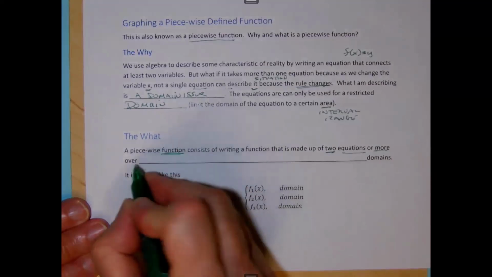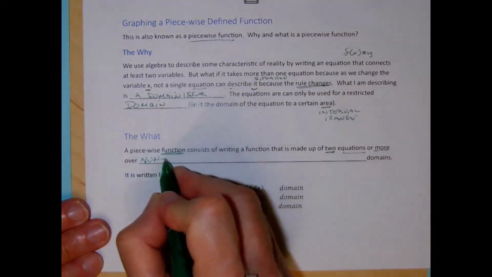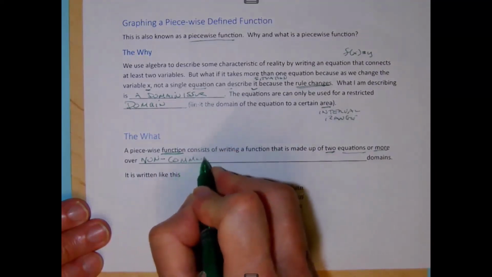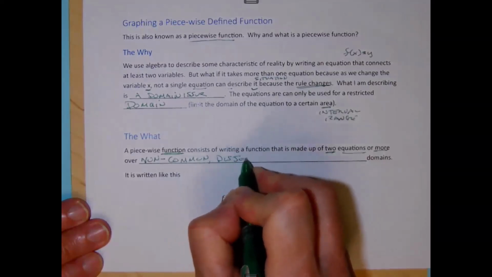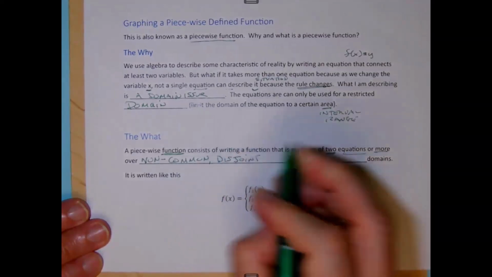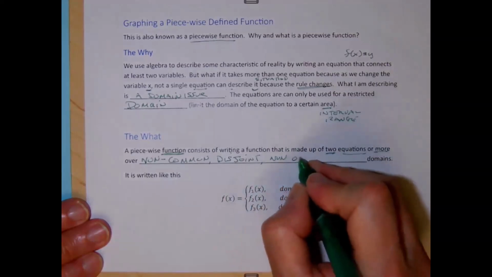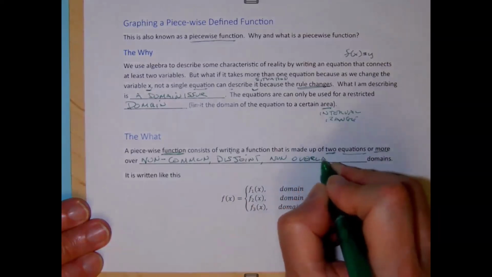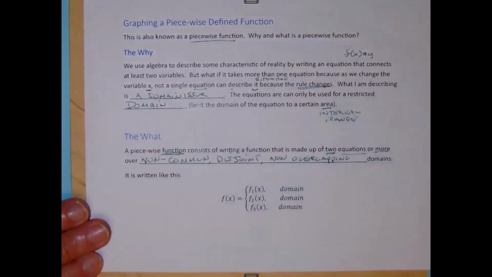Over, and now I'm going to write different things here, whatever seems to make sense to you: non-common, or disjoint, or non-overlapping domains. And this is the way it is written.